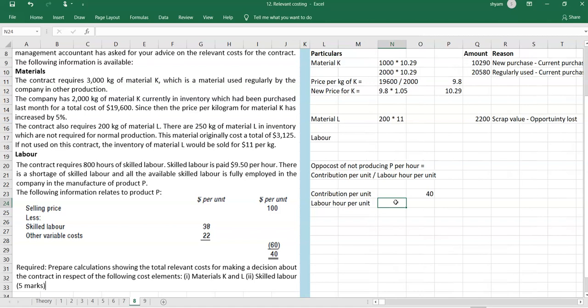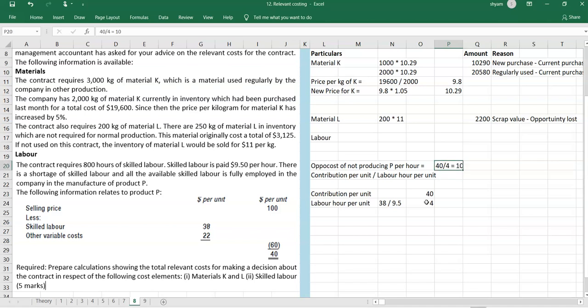See, labor cost is 38, right? It's 38 we are paying. So each hour it is 9.5. So how many hours are they taking? They are taking 4 hours. So the opportunity cost of labor is 40 divided by 4, which gives you 10.